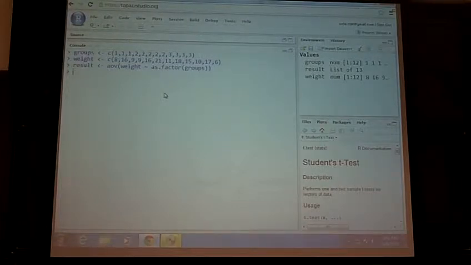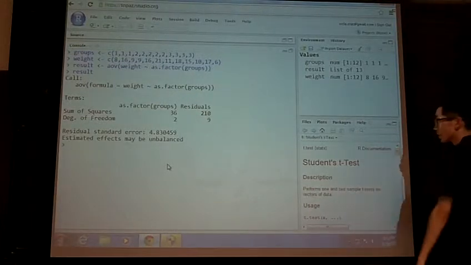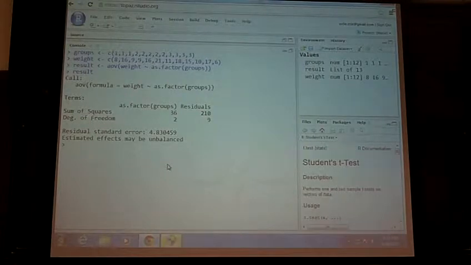And okay, so I could say, okay, well, what was the result? And it gives me this summary here, which doesn't look all that interesting. So I'm going to ask, okay, well, give me a summary of the results, okay?